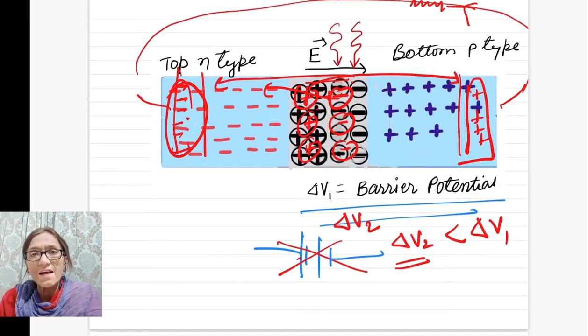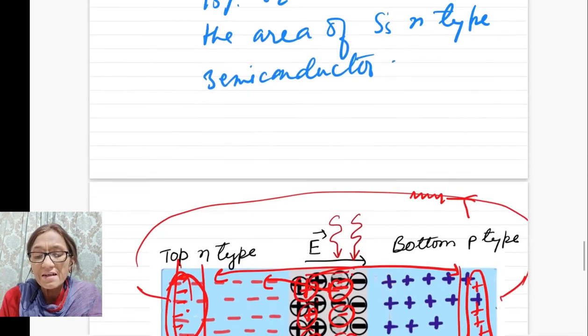So we see that three processes are very important. Generation: when EM radiation falls, charges are generated. Then separation: the electric field separates, moving positive charges in its direction and electrons opposite to it. So the electron hole pairs are separated. And then collection.